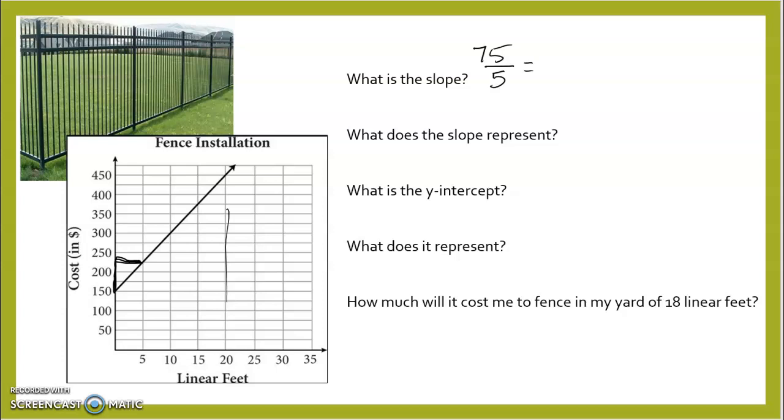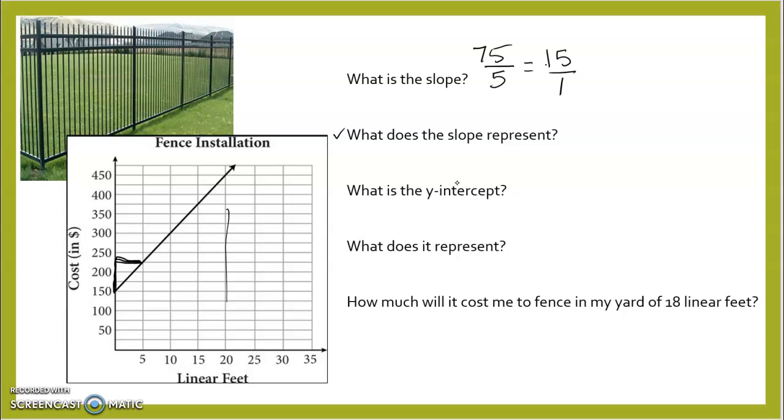Of course, this can be reduced, right? How many times does 5 go into 75? And that is 15. Okay, so we found the number, but what does it actually represent in this situation?